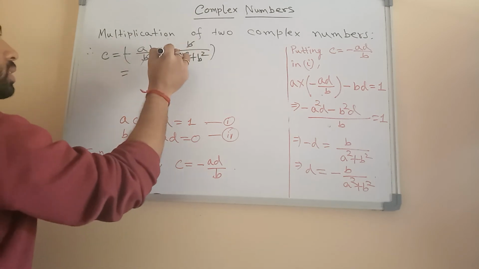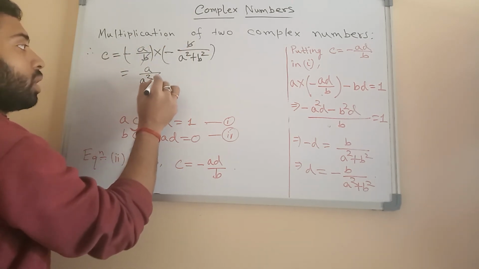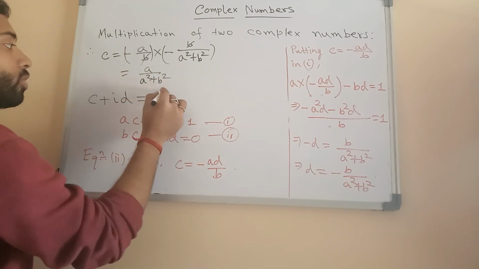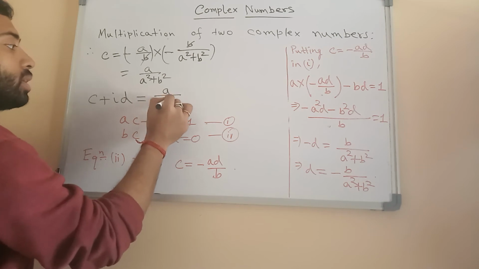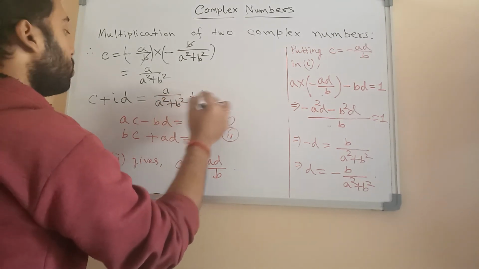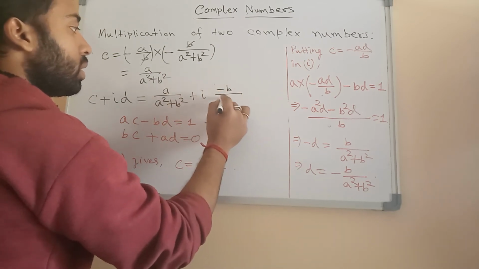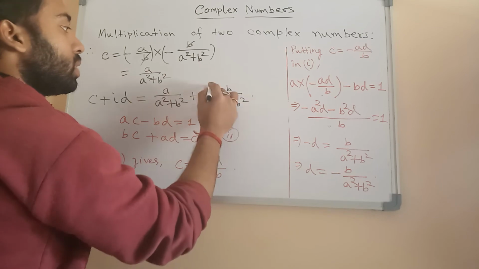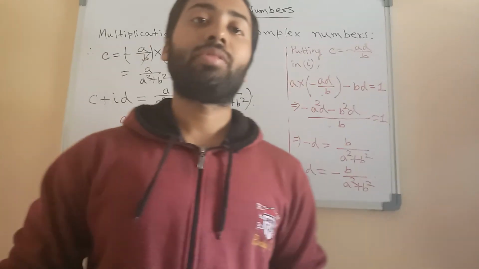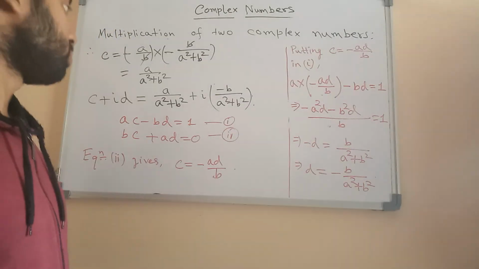So B cancel and minus minus plus, so it becomes A by A square plus B square. So the C plus ID takes the form A by A square plus B square plus I into minus B by A square plus B square. So this is the form of multiplicative inverse whenever complex number A plus IB is given.